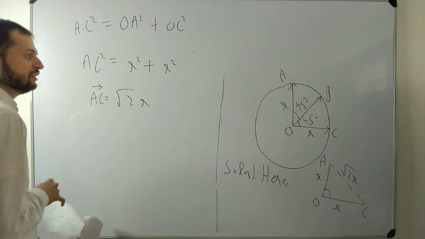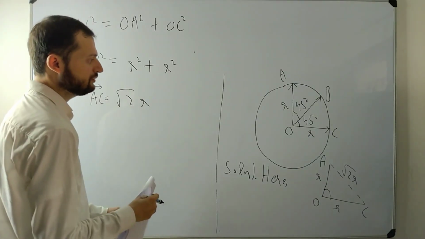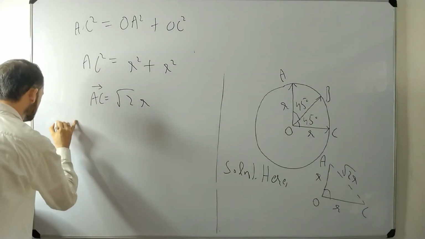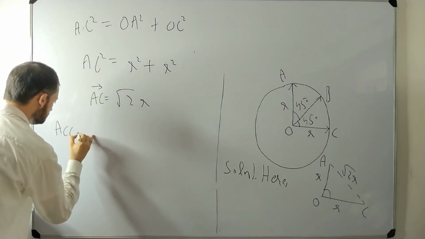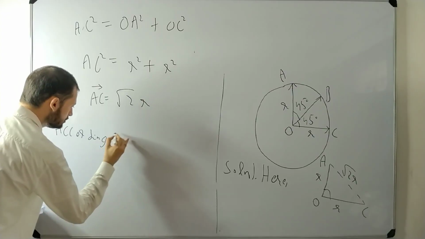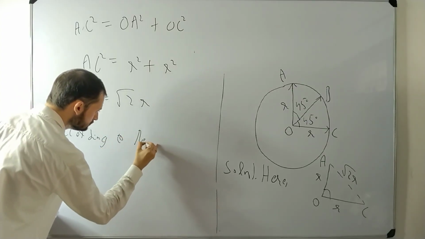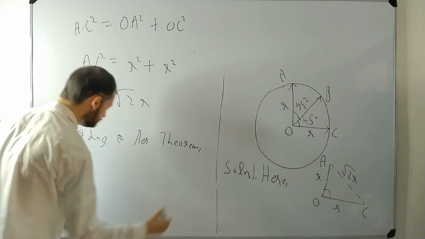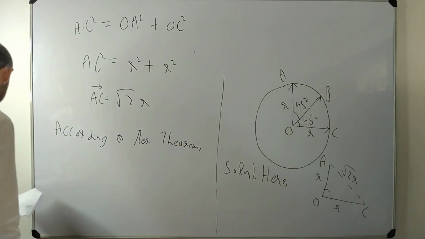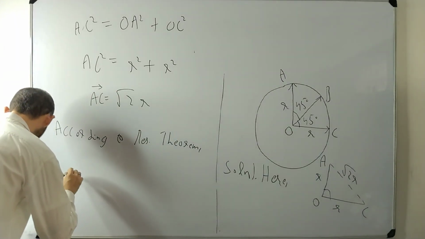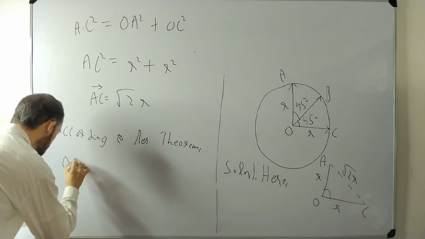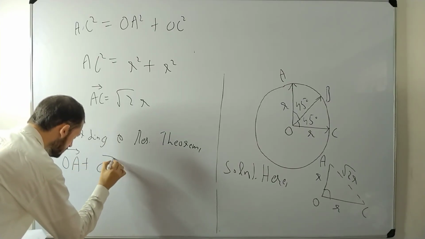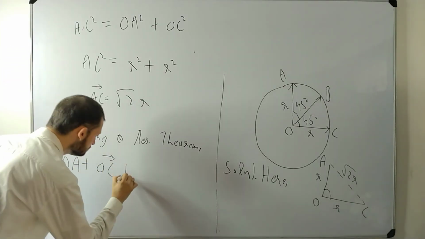Next part. Now you would say, sir, we got the AC vector, but what about OB? Now the resultant, according to the resultant theorem, what should I write? OA plus OC plus OB.